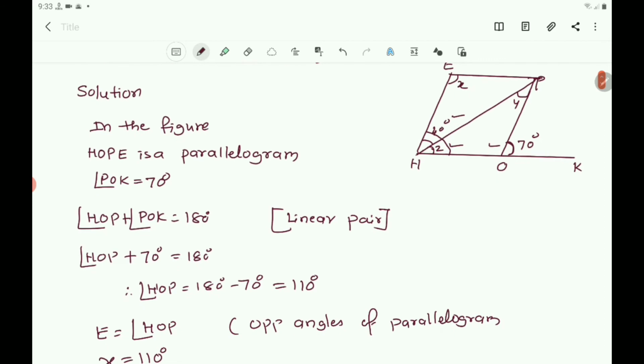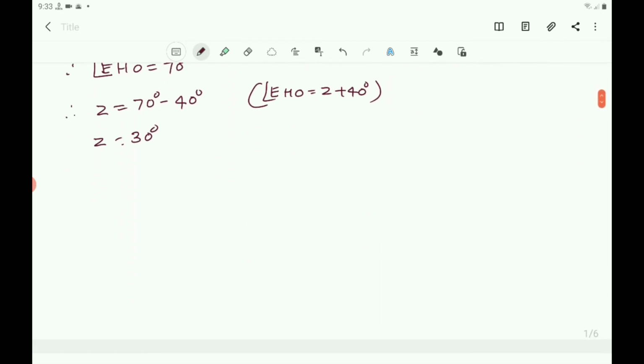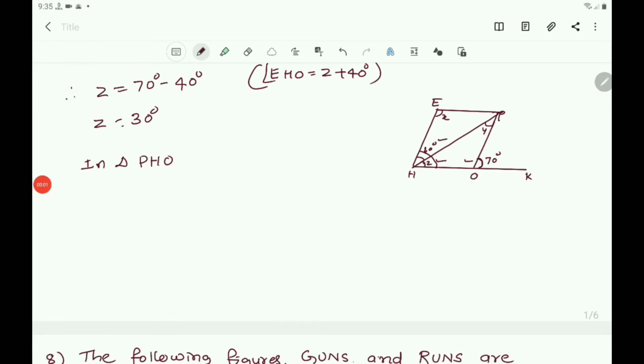Next use the triangle PHO. In triangle PHO, you know that z plus y plus angle POH is equal to 180 degrees.